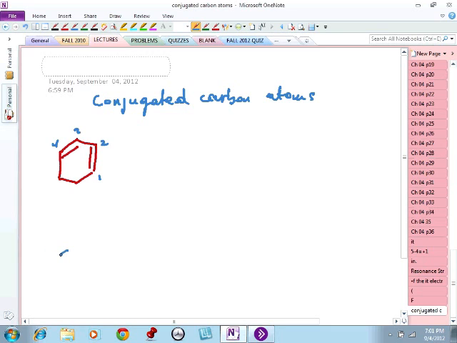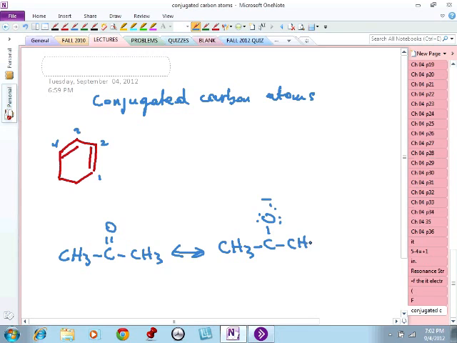Another thing I would like you to know: I said these two structures are resonance structures because all I've done is move this pi electron from between carbon and oxygen to oxygen.